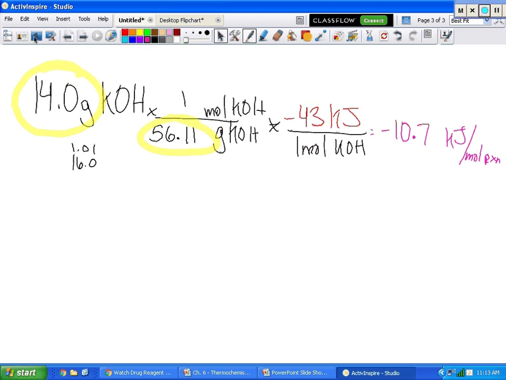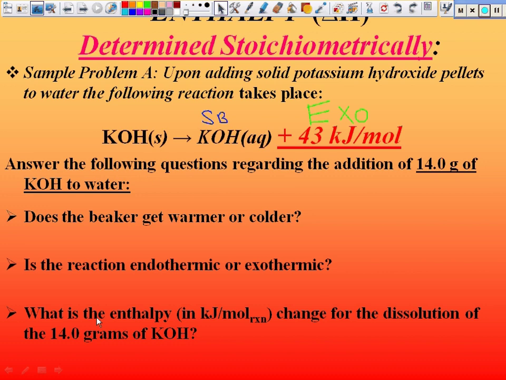Yes, and here's why. Right here, it says, what is the enthalpy in? You see what I'm saying? So if it ever tells you the unit, use the unit. No, that's not it. That's Hess's law.